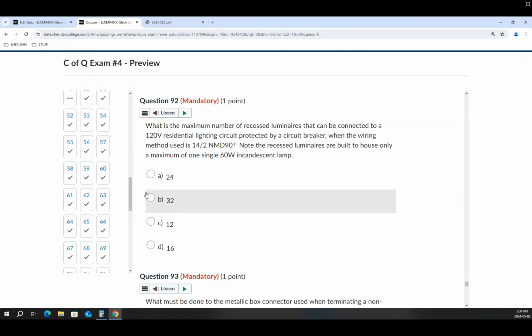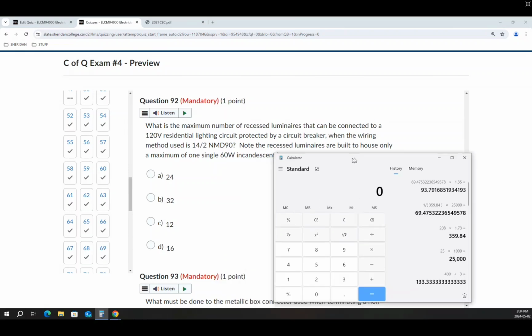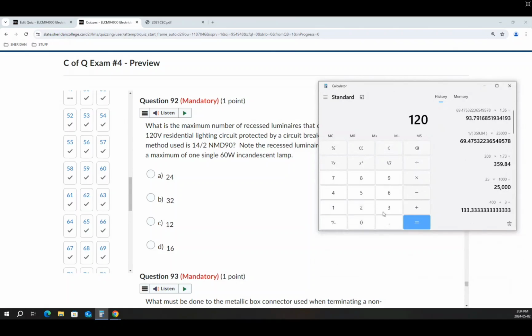So I'm going to do, I got 120 volt and a 15 amp circuit, right? 120 times 15 is 1800 watts.